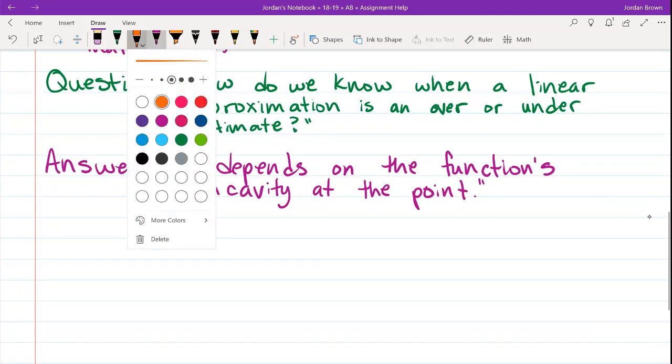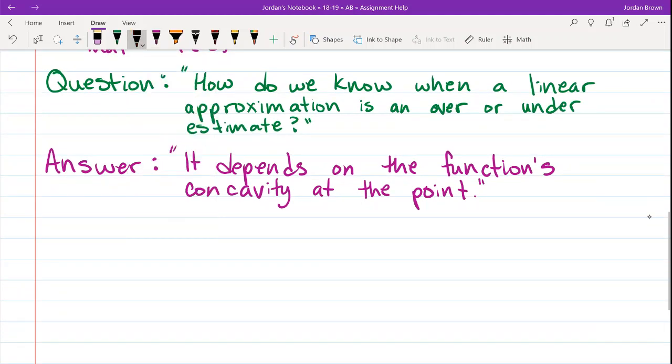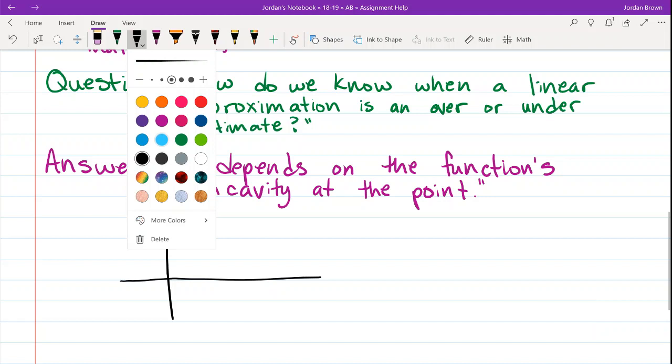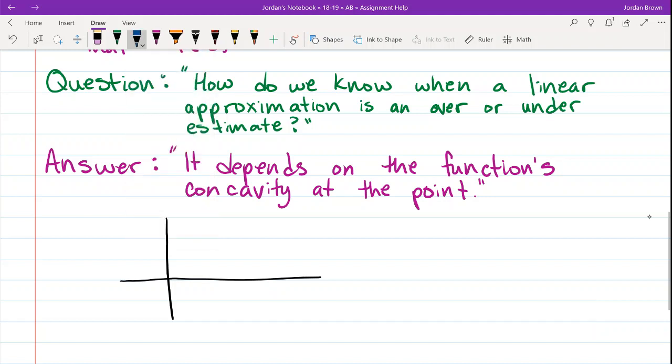And the visual to go along with this is going to give us a curve like this, kind of trigonometric, but not quite.